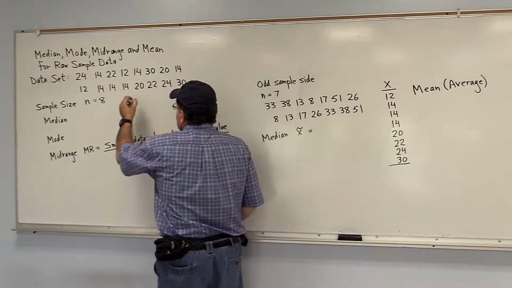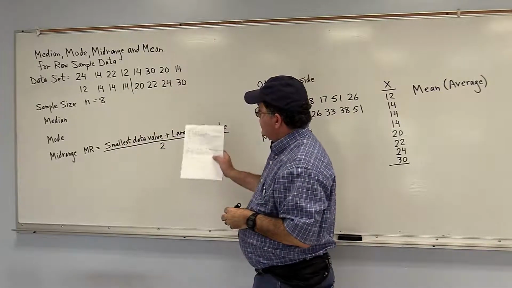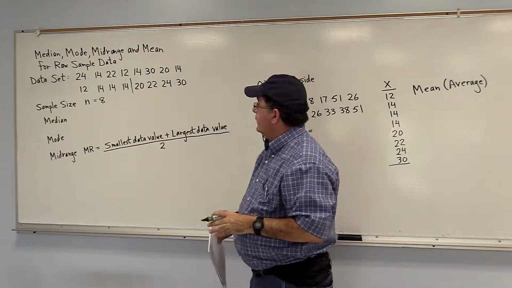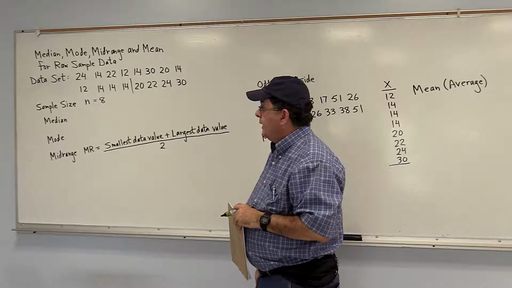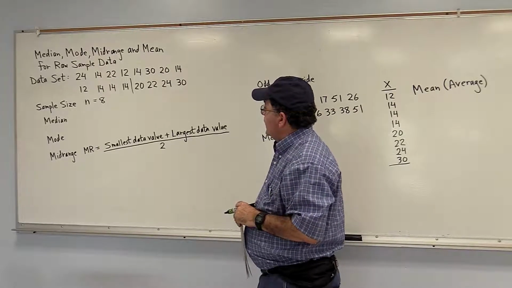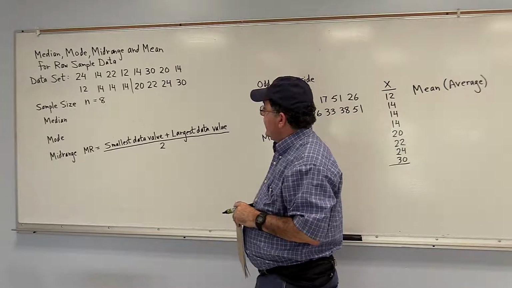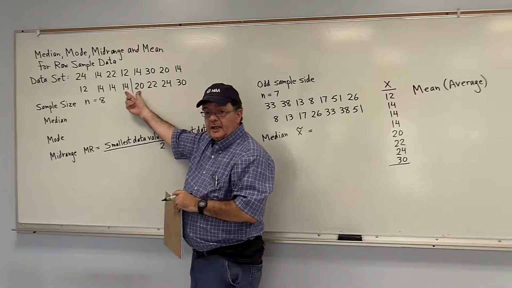So if I draw a slash mark, say right there, there are 4 items to the left of the mark, and there are 4 items to the right of the mark. So the median should be a number between 14 and 20, and we define it to be the average of the 2 numbers that are closest to the middle in this case.